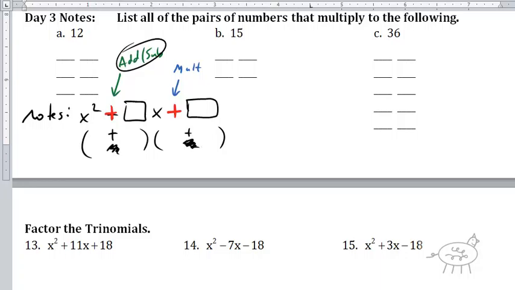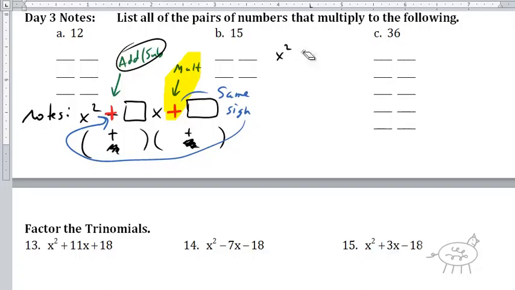So again, the key thing here, math fans, is first you're going to look at this guy right here. You're going to look at that sign. If it's positive, which is this one, it's the same sign. And then what you do is you look at this, determine it's plus plus. Okay? So let me just give you another example. If I said x squared, let's say minus, so x squared minus something x plus something.